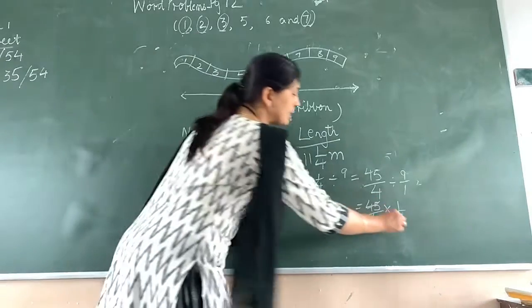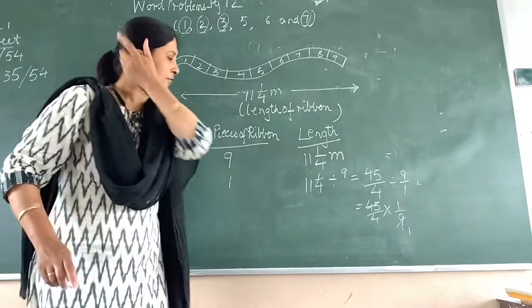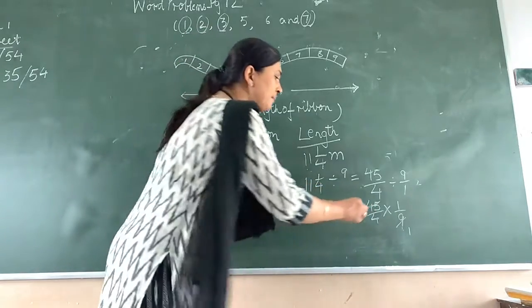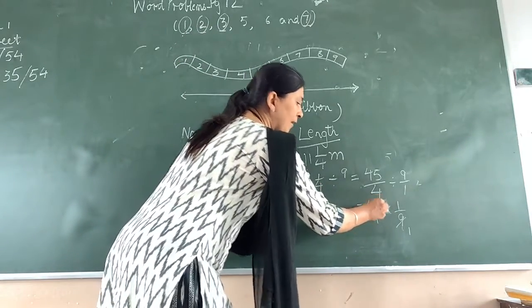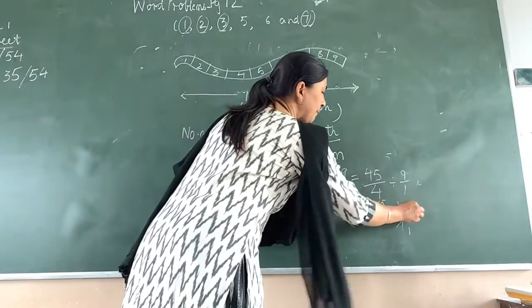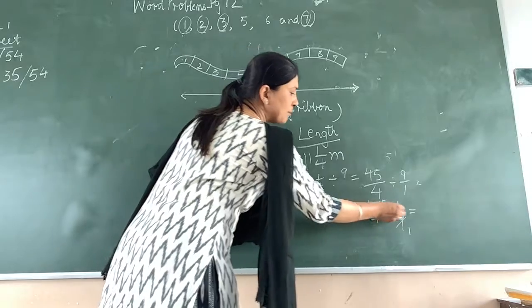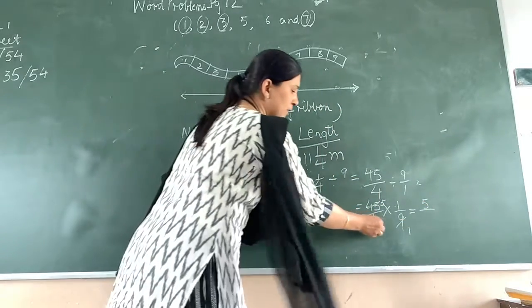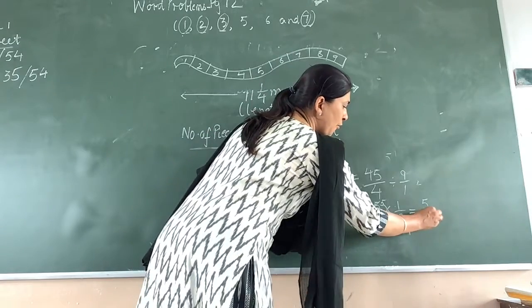9 times 1 is 9. And 45 when we divide by 9, what do we get? 5. 9 times 5 is 45. Now we will multiply the numerators. 5 times 1 is 5. We will multiply the denominators. 4 times 1 is 4.